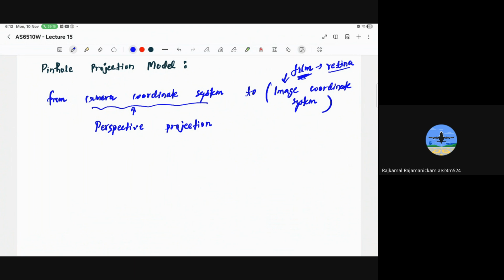Okay. So now we'll do the mathematical formulation of every transformation one by one. To do that, first we have to understand what are the transformations which are happening. So we have world coordinates. So we are considering a point in world coordinate system.